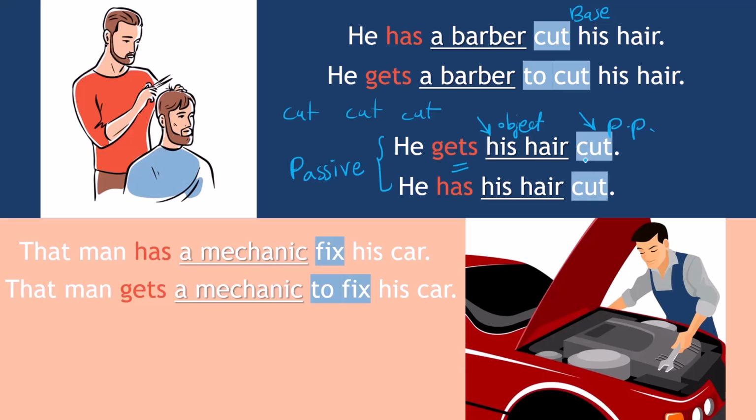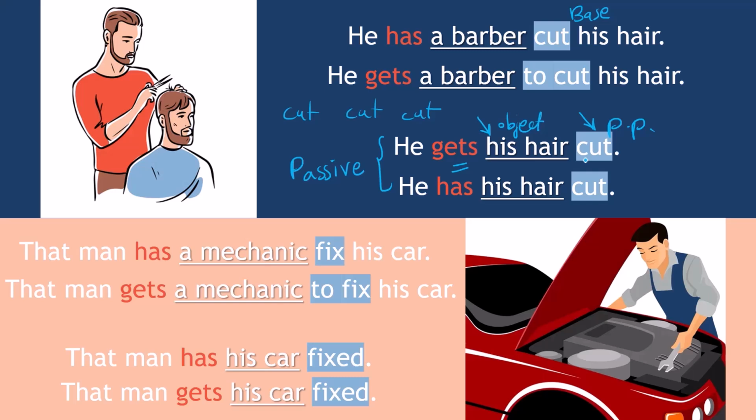We can say these sentences for the mechanic too. That man has his car fixed. Or what about gets? That man gets, not gets his car to fix. Or no, fixed, yeah. That man gets his car fixed.